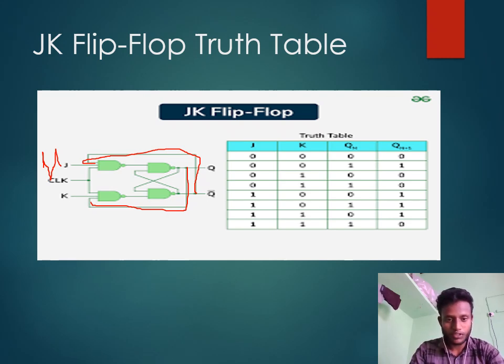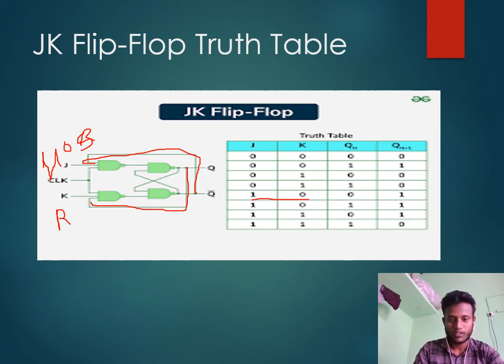When you give 0 to J and 1 to K, it is the reset condition. J equal to S, K equal to R. When you give 1 to J and 0 to K, it is the set condition. Qn is the present state. Understand?